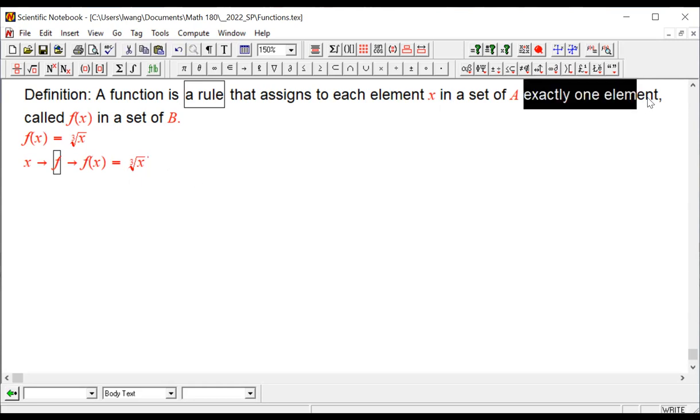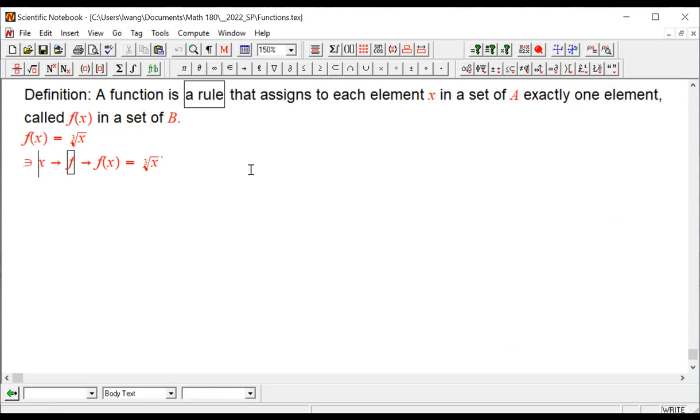To each element in the domain, it has to have exactly one output. Otherwise, that number cannot be in the domain. So we are to determine the domain, and we are also going to determine the range. And last, of course, we're going to graph the function.